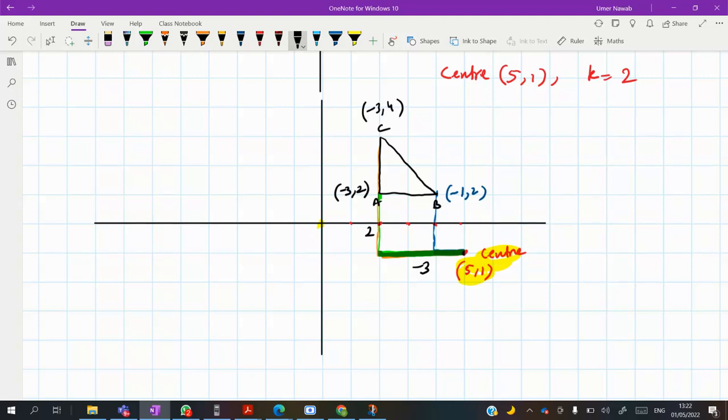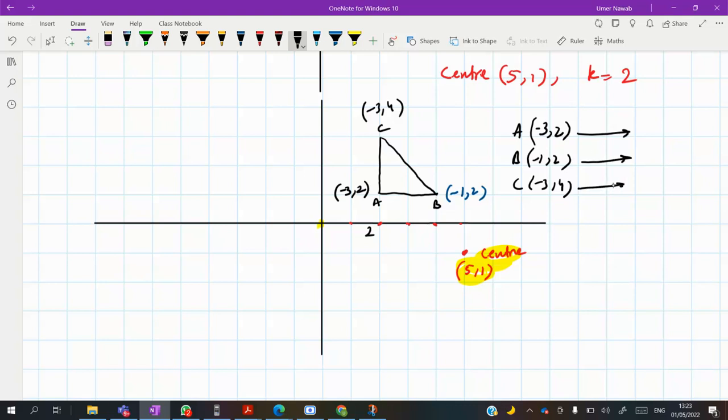Did you see that I have drawn all the coordinates of the original triangle ABC according to the new center provided to you? Now write these coordinates on the side. A is minus 3, 2, B is minus 1, 2, and C is minus 3, 4.